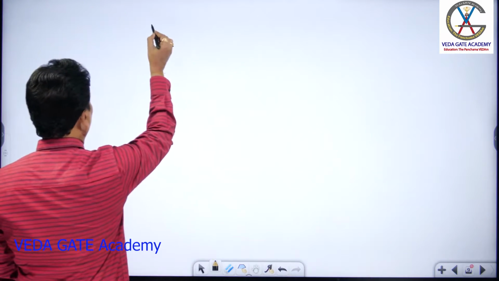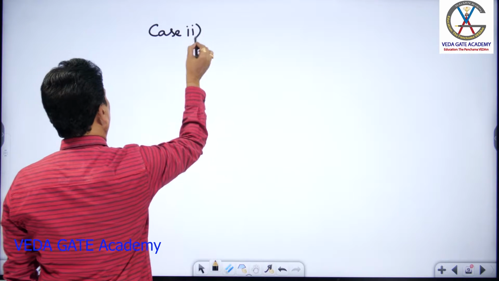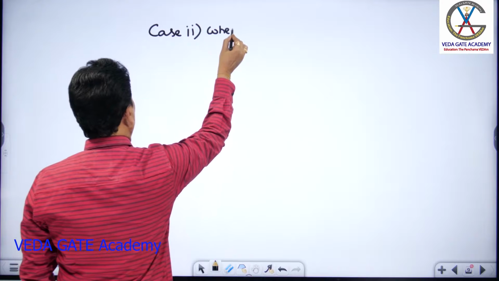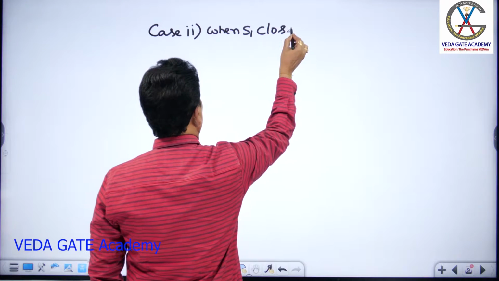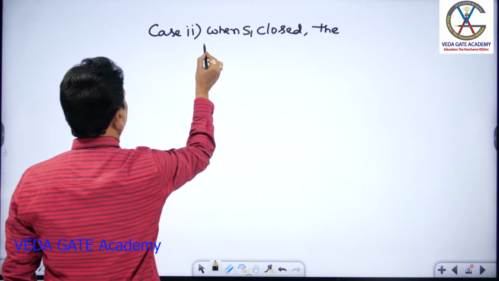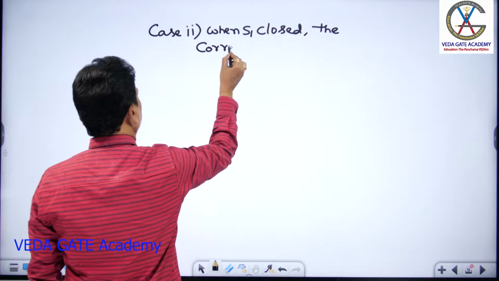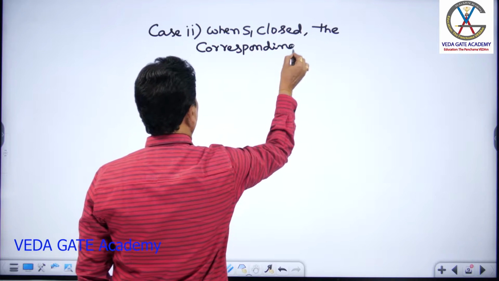So case 2 now I check out there. When switch S1 is closed, the corresponding R becomes short.